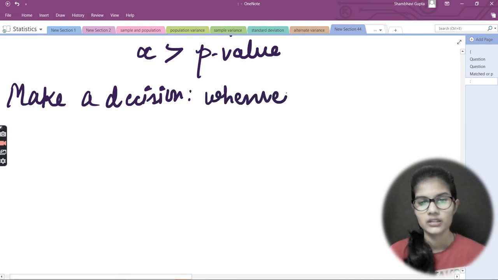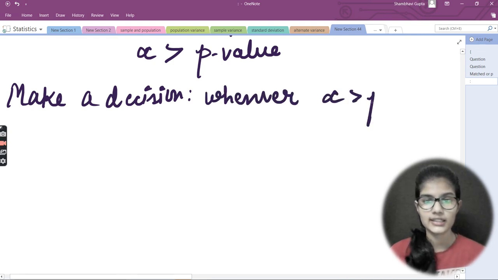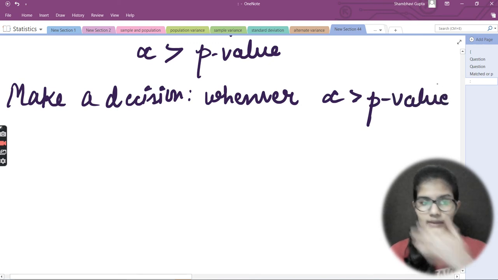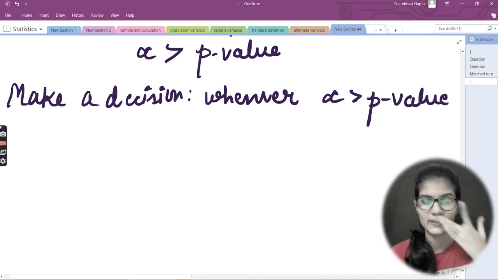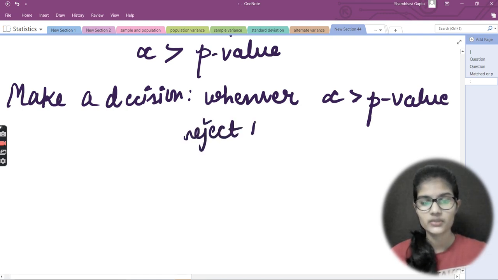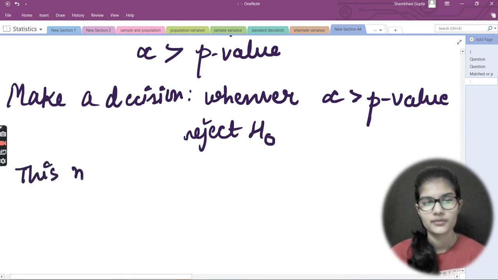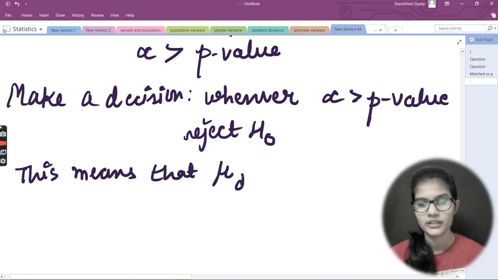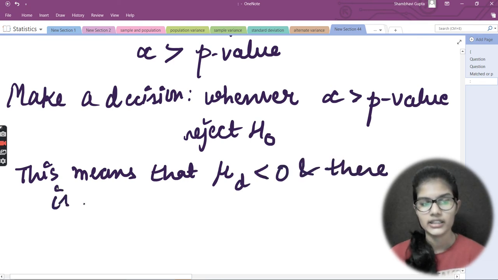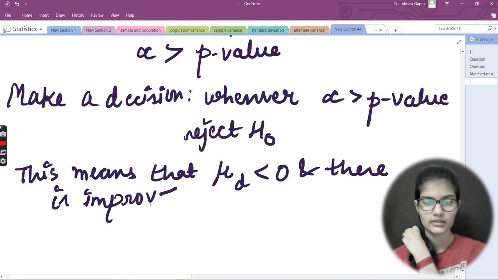Whenever we have this case, that alpha is greater than the p-value, in that case we just reject the H naught. This means that mu d is less than 0, and there is improvement.